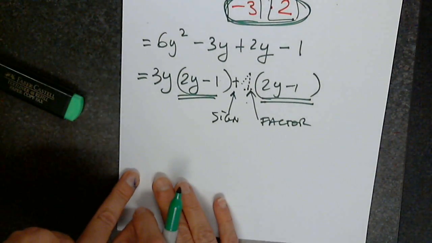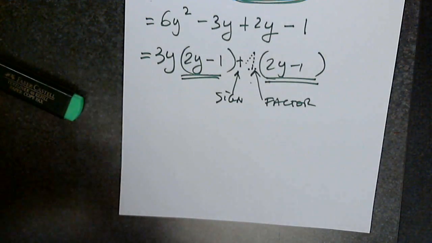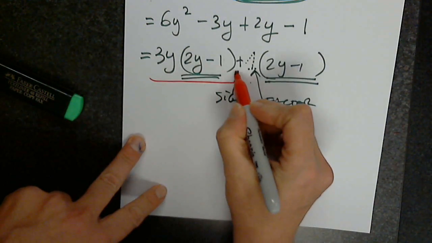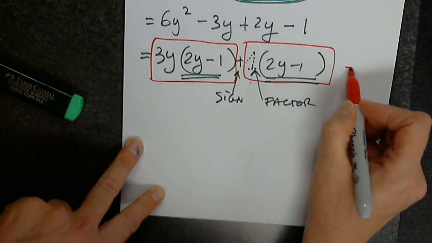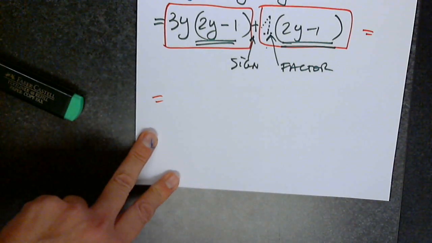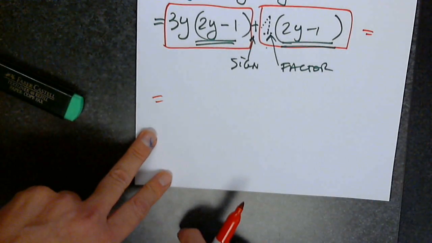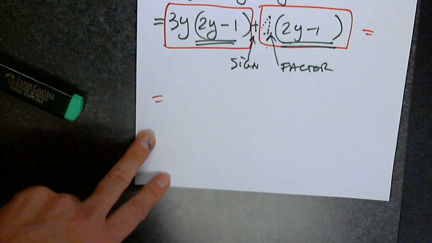It is 1. So now I have 2 terms. This is one term, and this is the other term. And they have a common factor, and I need to pull it out. What common factor do you see in these 2 terms? Identical quantity that will come out.